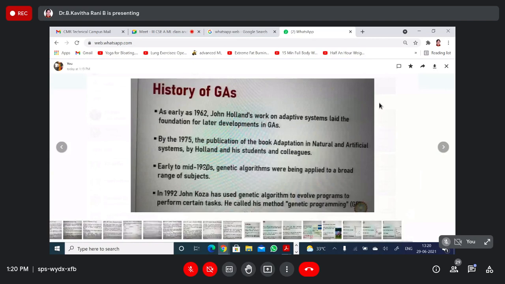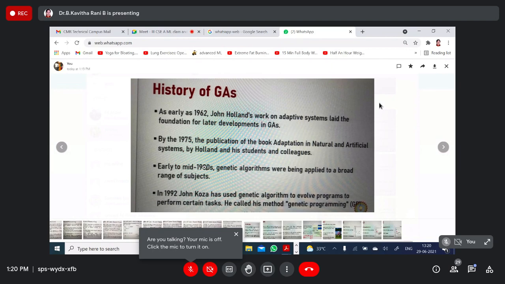Here you can see the history of genetic algorithms. As early as 1962, John Holland's work on adaptive systems laid the foundation for later developments in genetic algorithms. So he worked on adaptive systems. Next, in 1975, Holland and his students and colleagues published the book Adaptation in Natural and Artificial Systems.